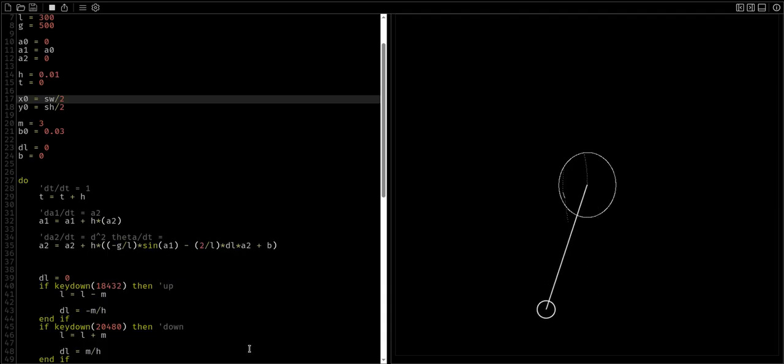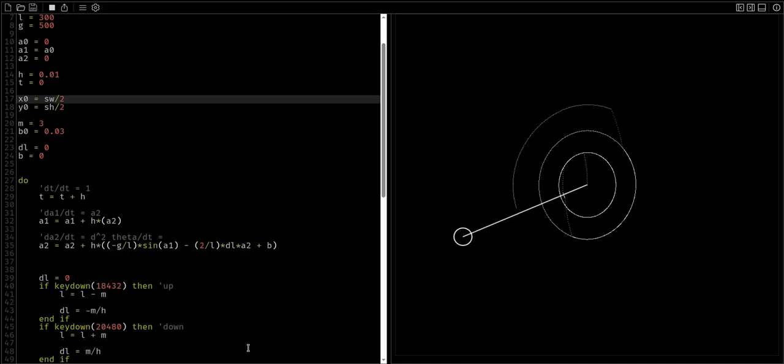Now let's give it, yeah, another circle oval. And of course, 2 is never enough, so let's do 3.